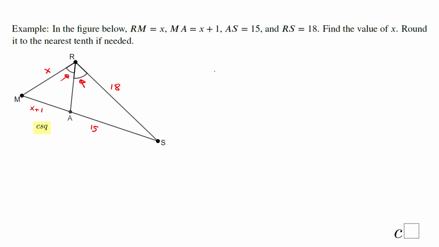let me write this in a different way, just to show you that you can write it in a different way. So the first way, it's exactly what I did in the previous problem. X over X plus 1 equals 18 over 15. That is one way to do it, which is pretty much what I put in the theorem.